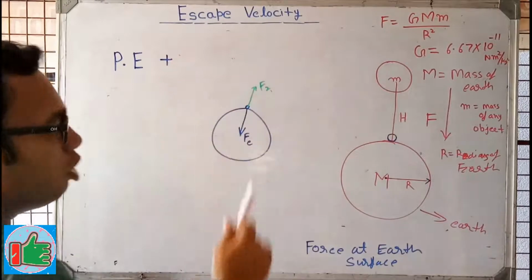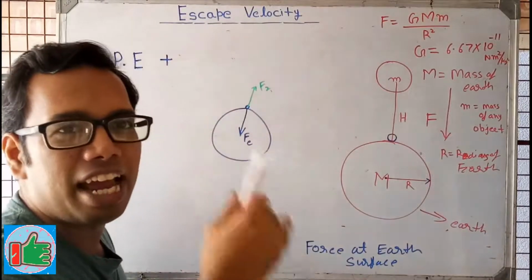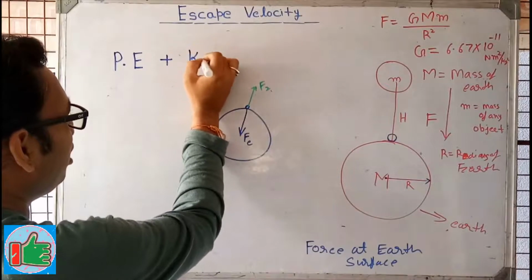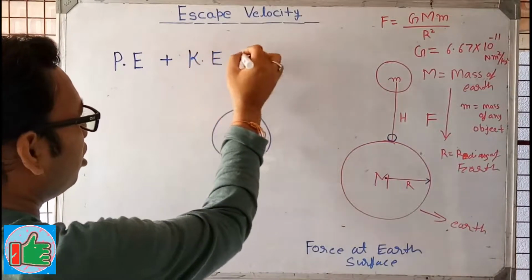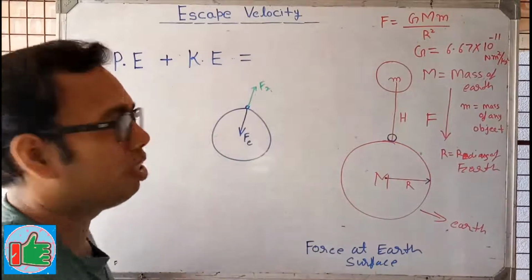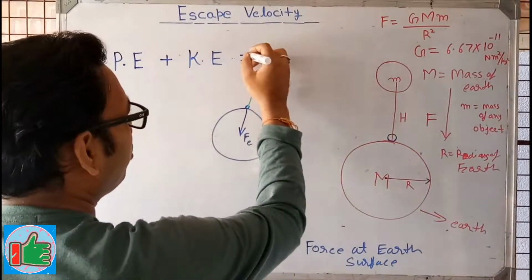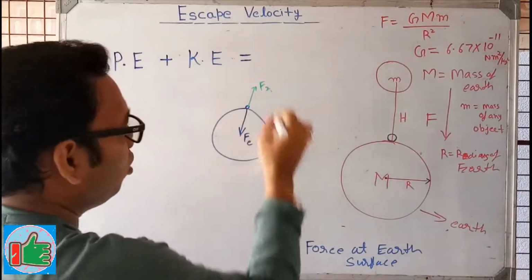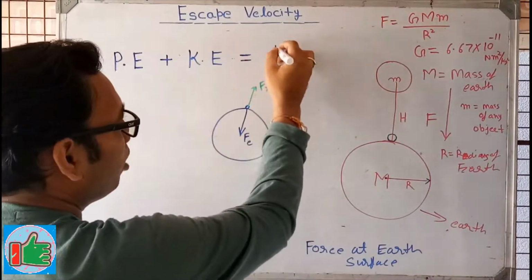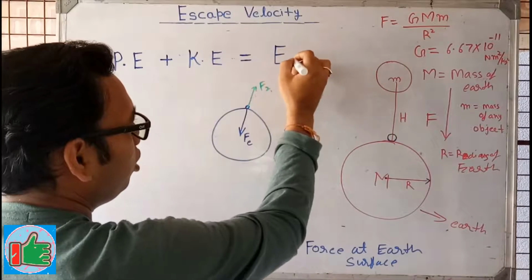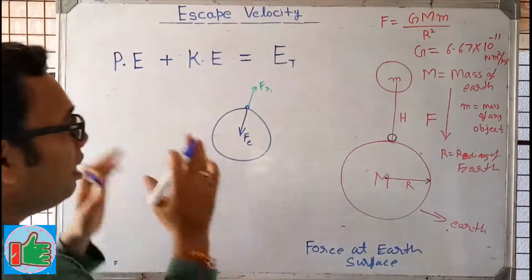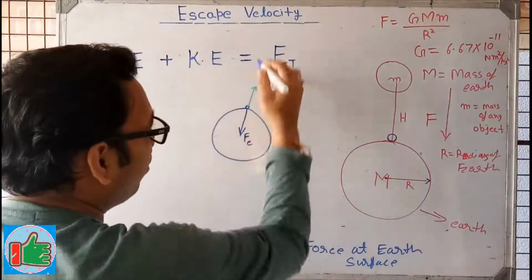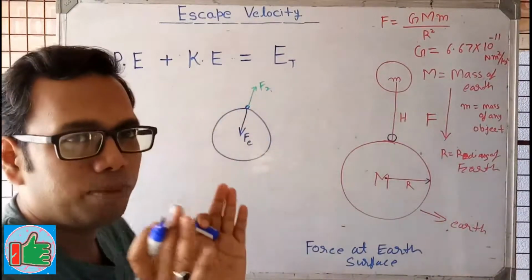Any object having potential energy plus its kinetic energy KE is equal to the total energy of the object, E total. But in the case of equilibrium, both energies become equal.